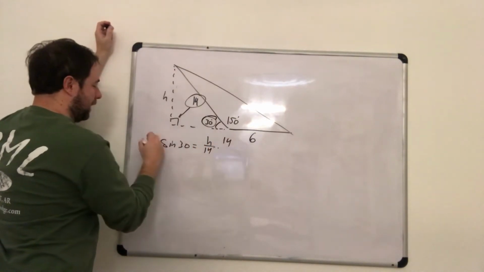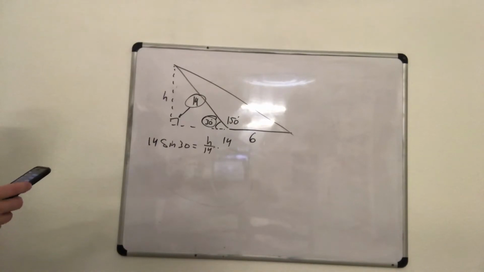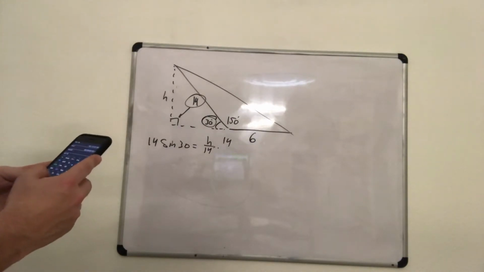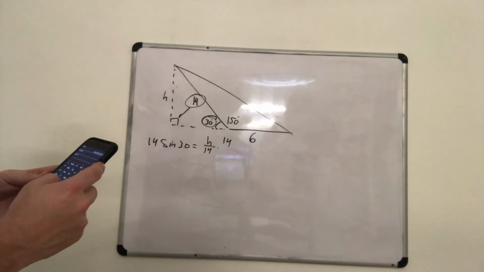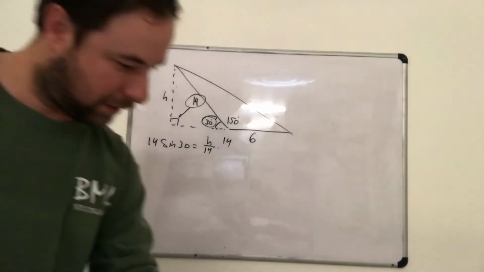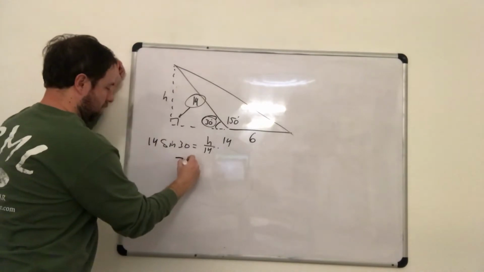Multiply both sides by 14. And you're going to get 14 sine 30 equals 7. Multiply that times your base of 6 equals 42, divided by 2, and you get your answer is 21 meters squared.